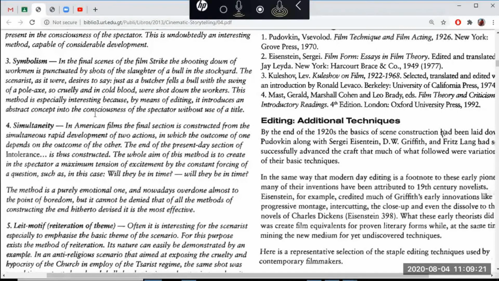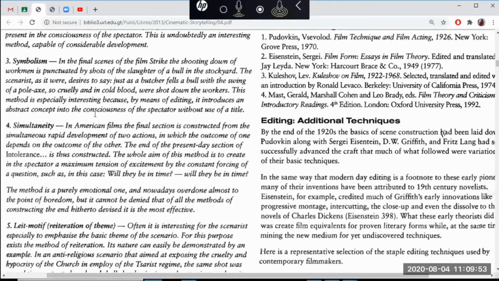Okay, so again, symbolically, the two images together will create a third meaning that relates to cruelty or cold-blooded murder, right? So cruelty, where you are saying there is no difference between the two. And he says that symbolism is a very interesting means of editing. It introduces abstract concepts to the consciousness of the spectator without the use of a title.